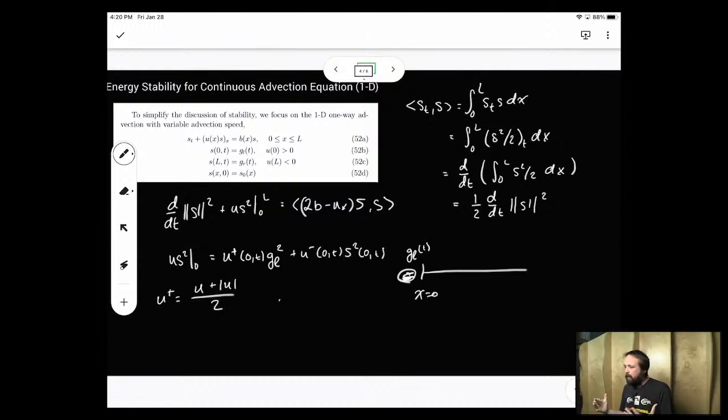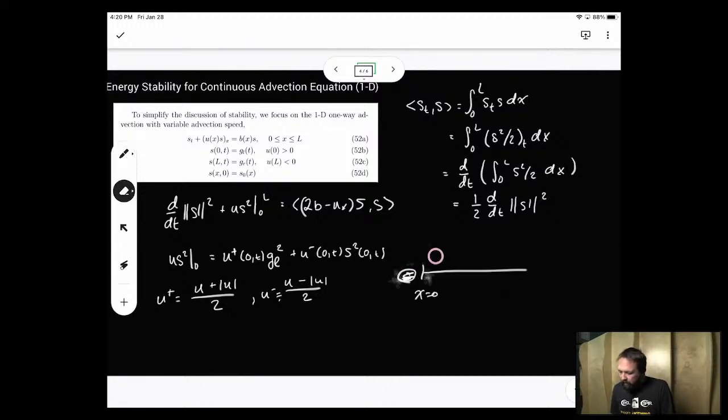So you can see if u is positive, what I recover is u, and u minus is u minus absolute value of u over 2. So again, if it's negative, what I end up recovering is u, right? And if it's negative here, u plus goes to 0 and vice versa. So it's kind of a clever trick to impose these boundary conditions when you have variable flow speeds.